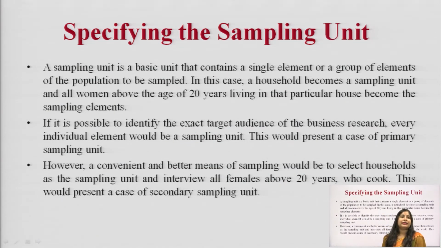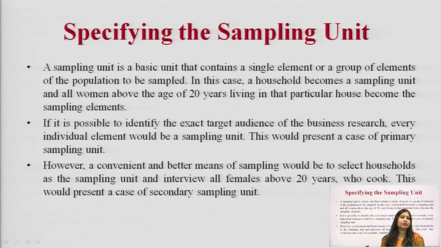Then specify the sampling unit. A sampling unit is a basic unit containing a single element or a group of elements of the population to be sampled. In this case, what is the sampling unit?